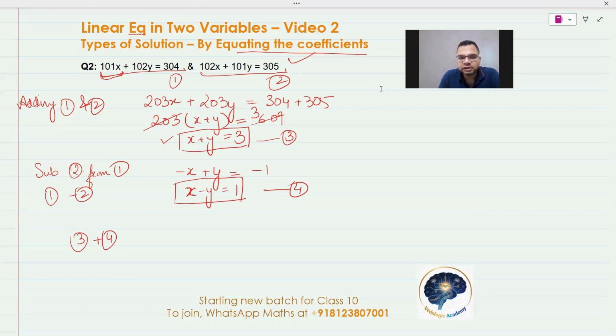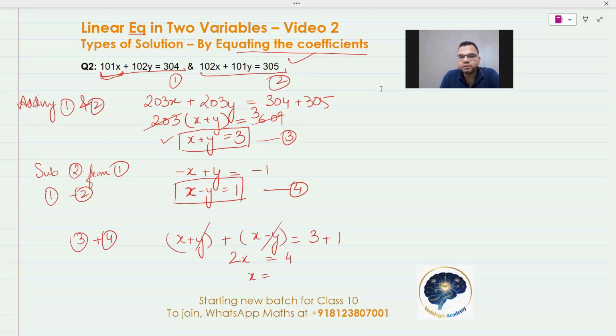So let me just write it down whole so that you understand. This is equation 3, and I'm adding equation 4. So this becomes like this, and on the right hand side it becomes 3 plus 1, right? If you see here, this is plus y, this is minus y. This gets removed, and x plus x becomes 2x, and 3 plus 1 becomes 4.